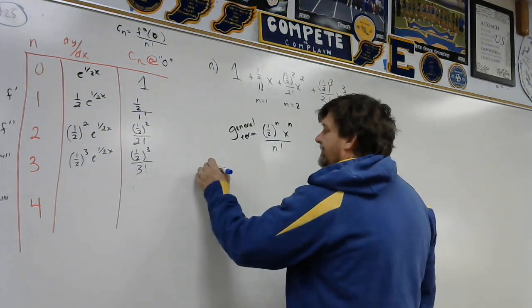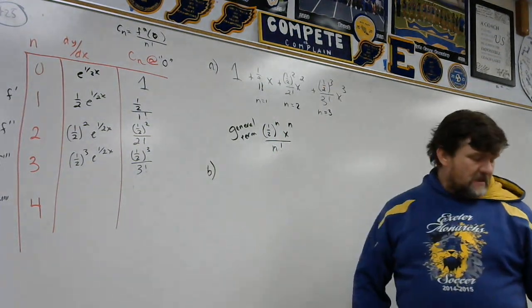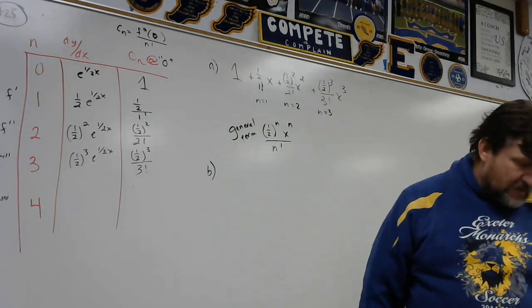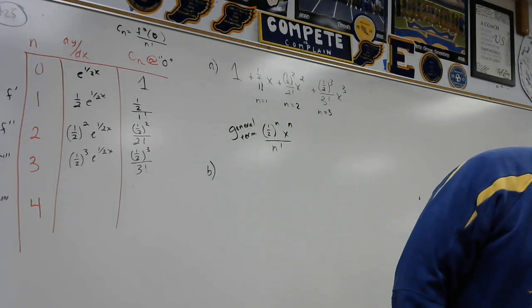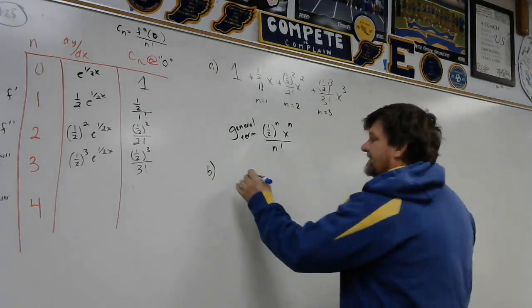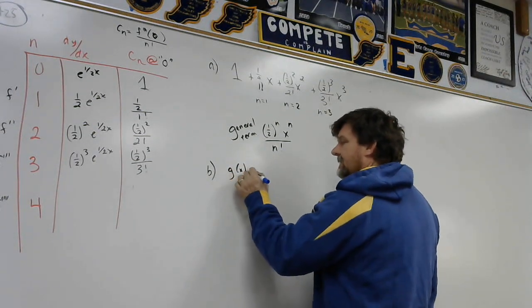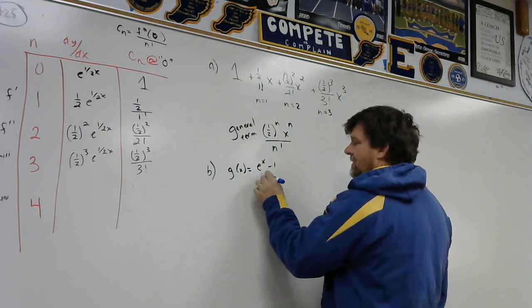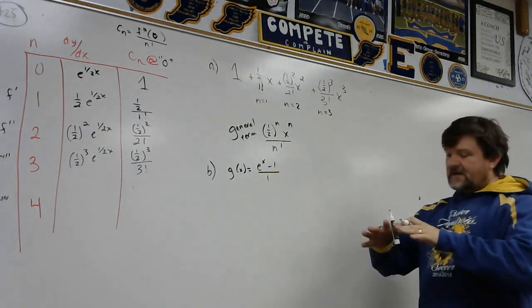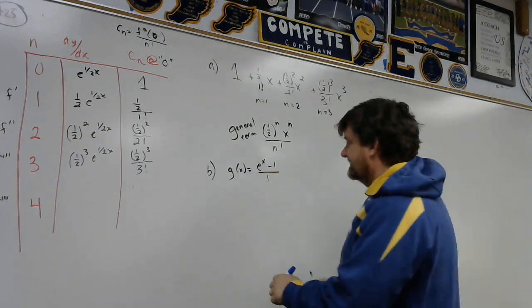So then when we look at b, what do they want here? When they look at b, they want us to take g of x. So they say g of x is equal to e to the x minus 1 over x. So let's kind of break that into two pieces here.